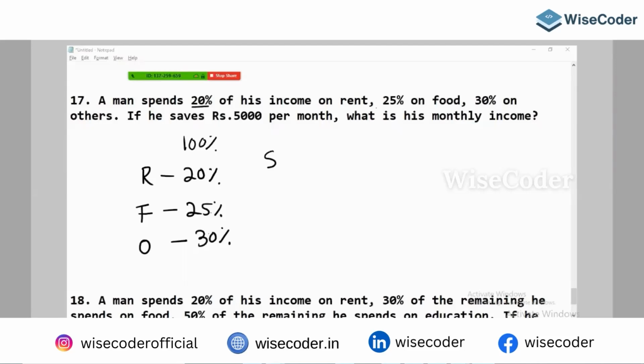So from here, savings: that man saves 5,000 rupees. Can I say that 5,000 is nothing but the remaining? If spending is 75%, savings is 25%.